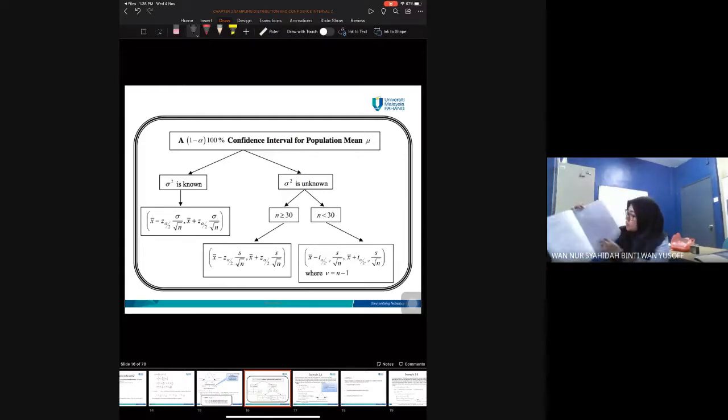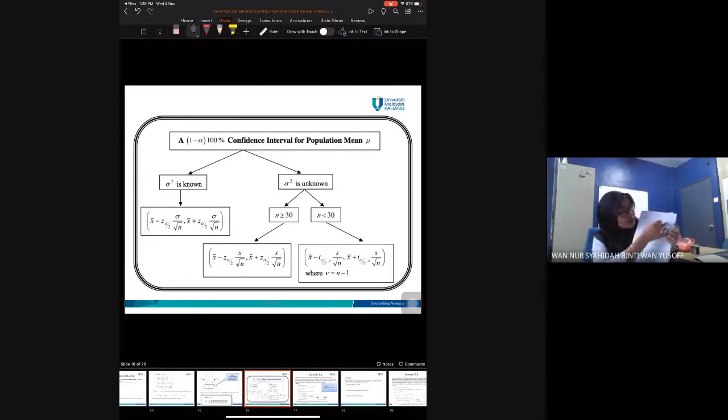So the confidence interval combines with the hypothesis testing. On page 5, the first column is for the confidence interval, and the second column is for the hypothesis testing formula. If you try to find the confidence interval, then refer to the first column.